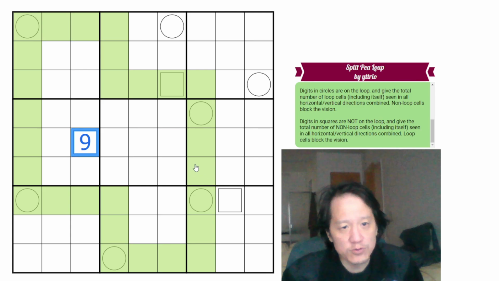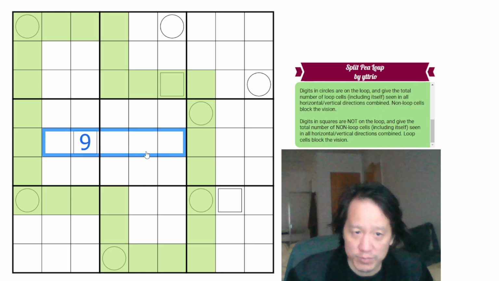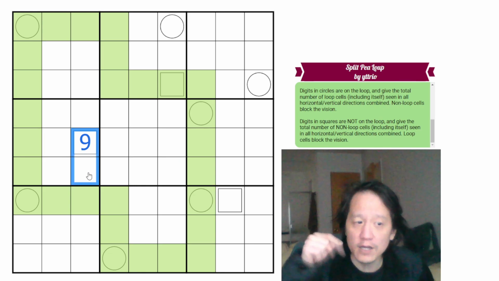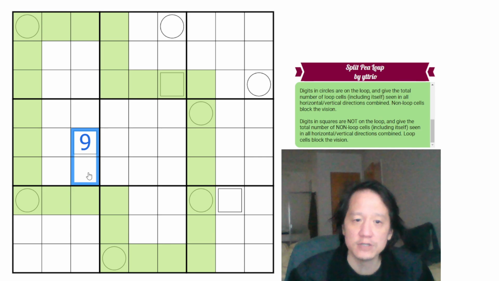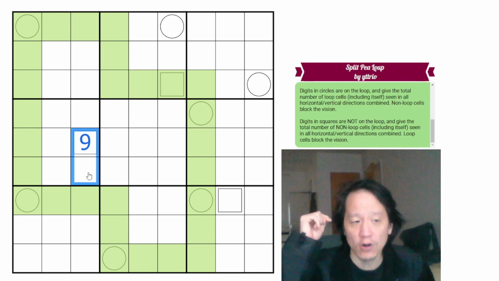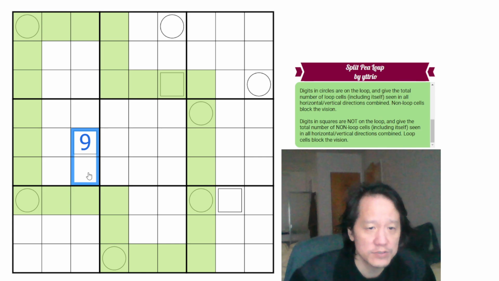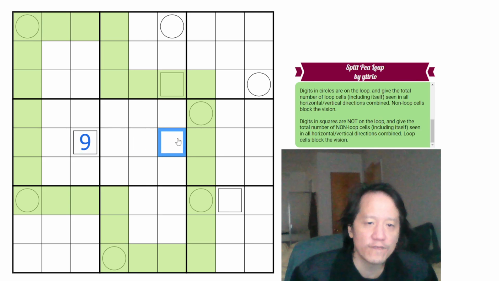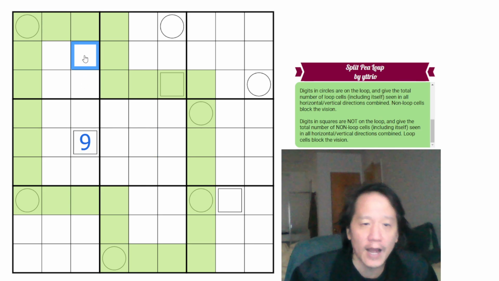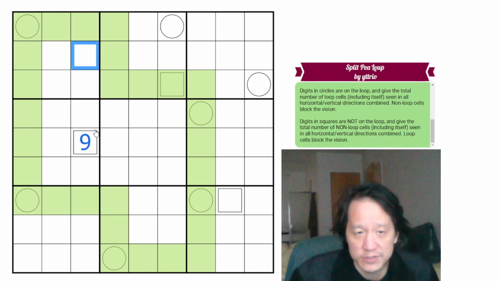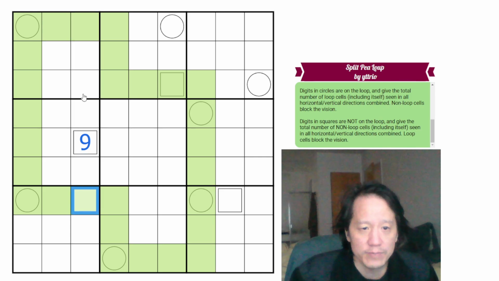So in this case, it would be 9 again because it sees non-loop cells. So for the squares, they're not on the loop and they see non-loop cells. For circles, they're on the loop and they see loop cells. So for example, this one would see 1, 2, 3, 4, 5, 6, 7, 8, 9 unique cells that are not blocked by a loop cell.